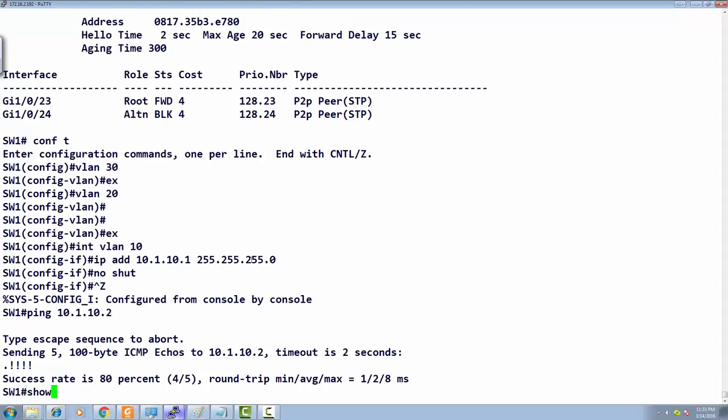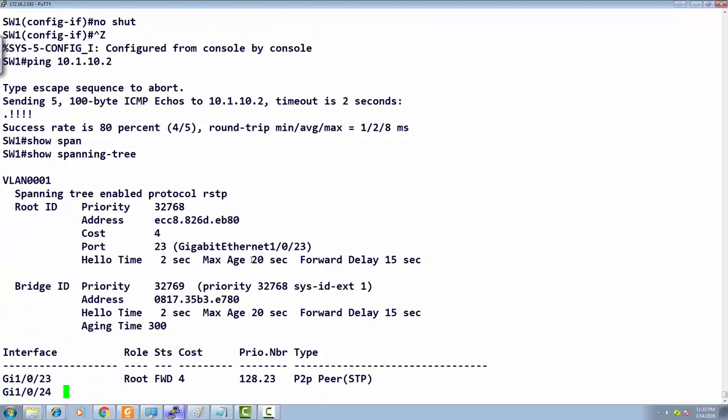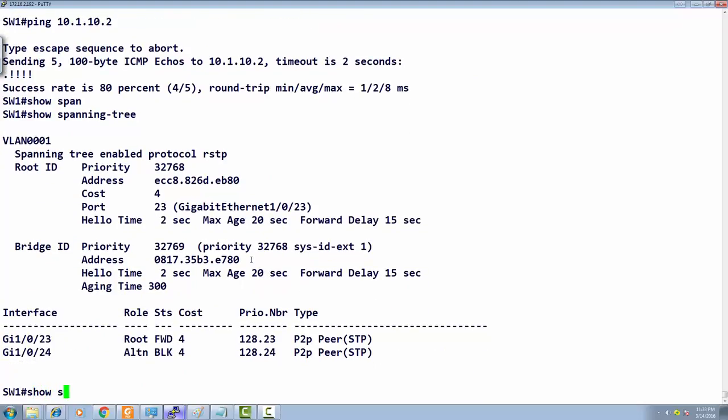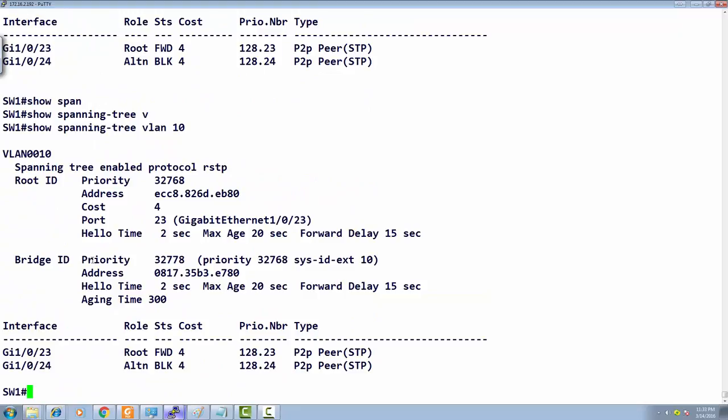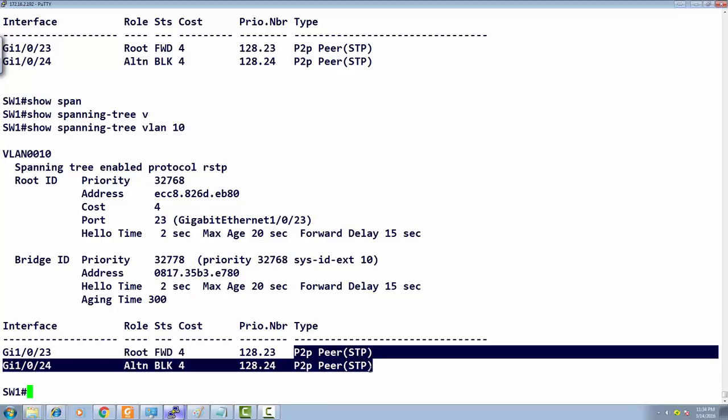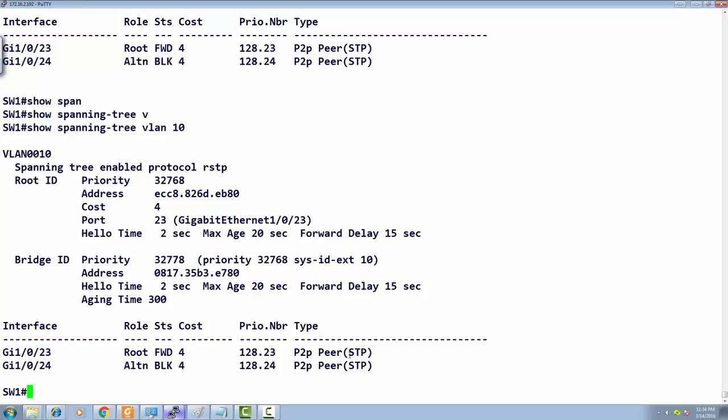So you see one side shows spanning tree for VLAN 10, and I am running rapid per VLAN spanning tree. It's RSTP for VLAN 10, one port is fine, but it's showing me that it is not running rapid on both sides because it shows a compatibility with spanning tree.